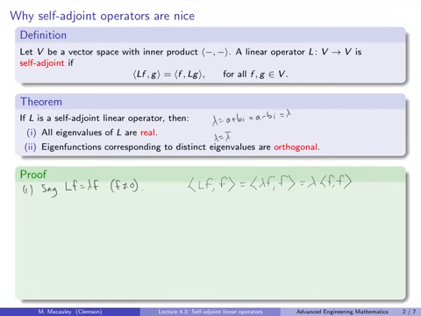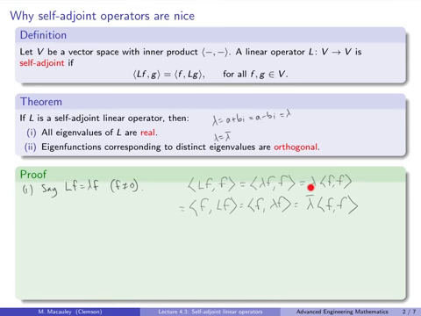And since L is self-adjoint, a key property here, that is equal to f dot Lf. And now I can turn the L into a lambda again. So now we have f dot lambda f. And now I can pull the lambda out of the inner product. But remember, lambda might be complex, so I have to write this as lambda bar times f dot f.